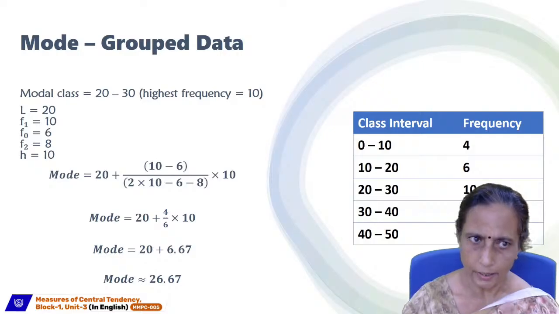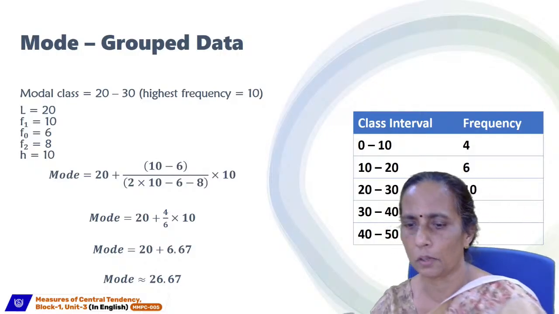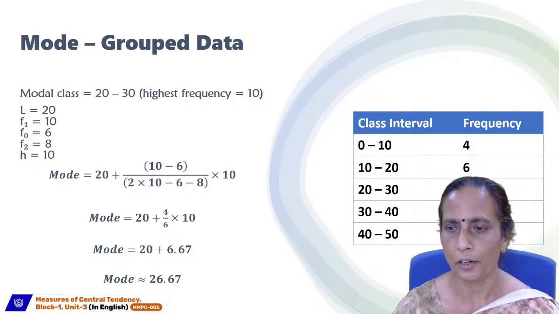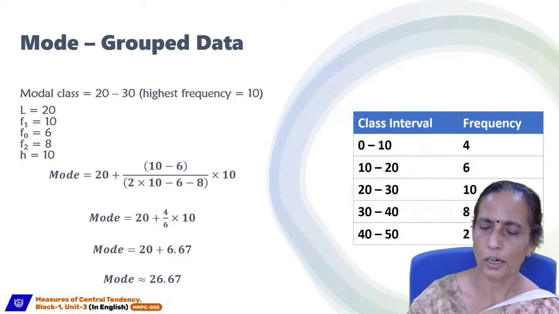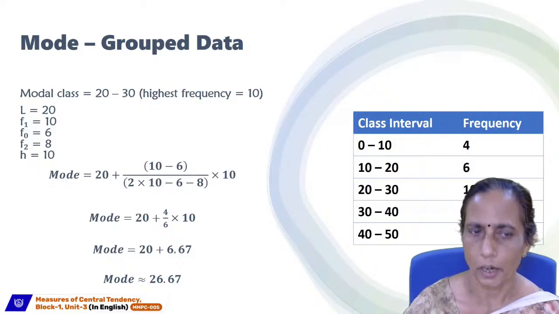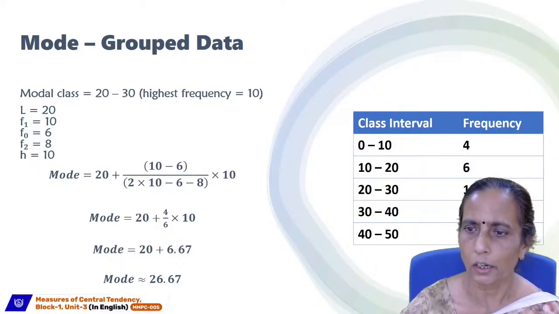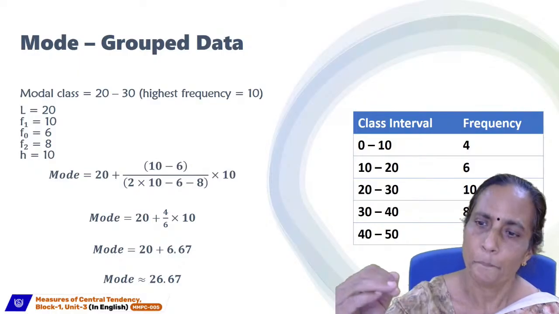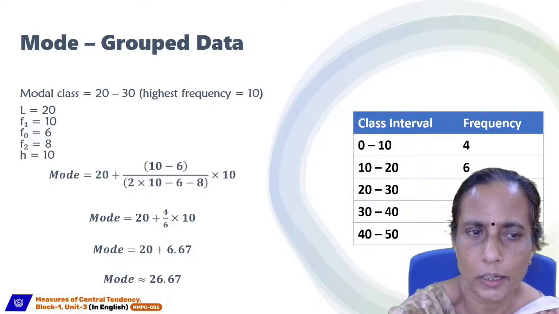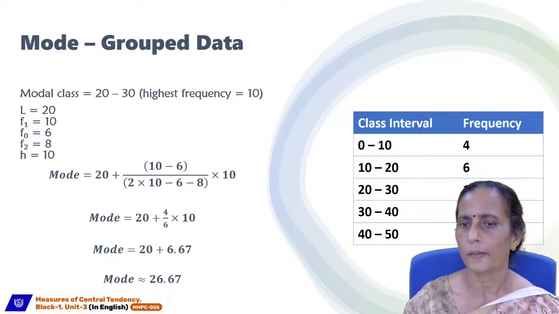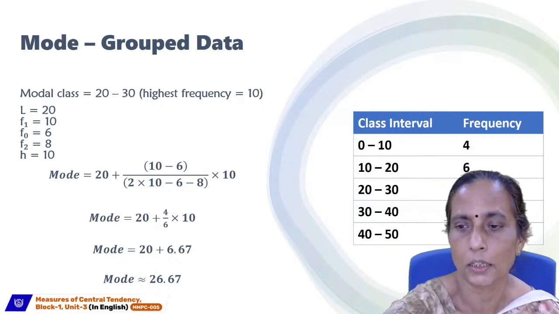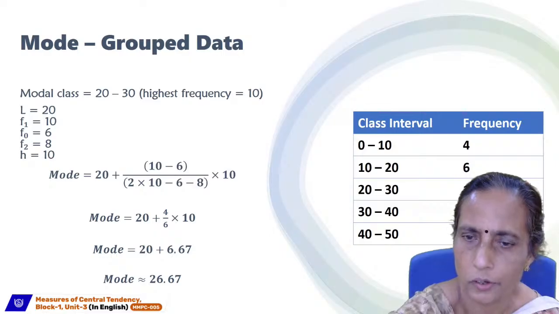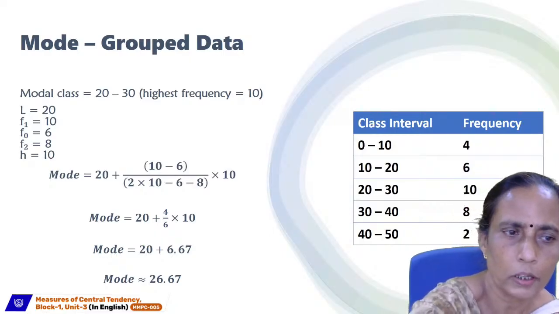My L is equal to 20, the lower limit of the modal class. F1 is equal to 10, the frequency of the modal class, and F0 is the frequency of the class preceding the modal class, that is 6, and F2 is the frequency of the class succeeding the modal class, that is 8, and the interval between the two is 10.